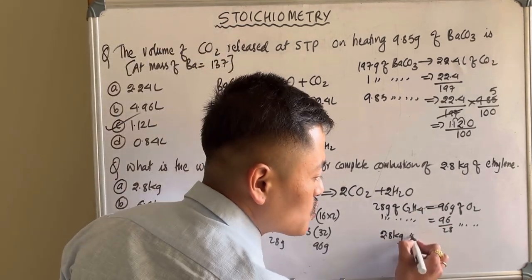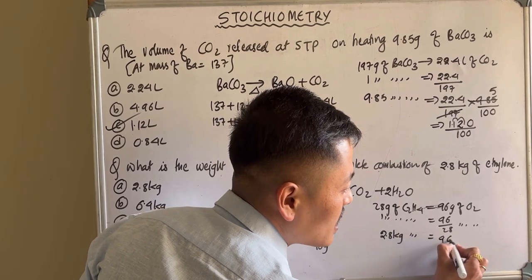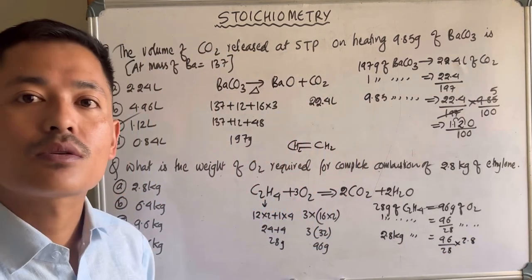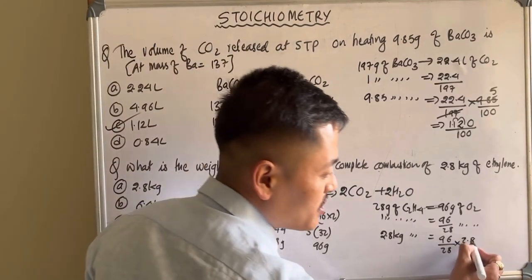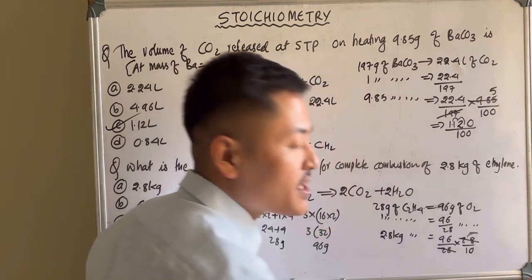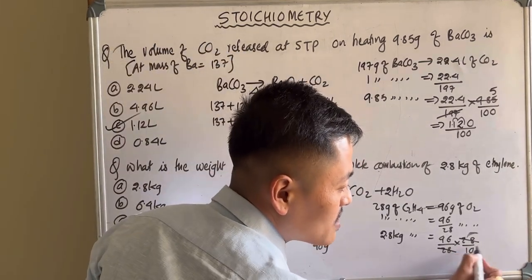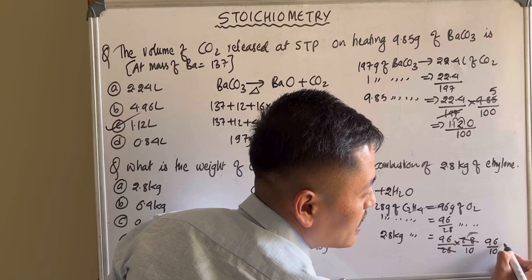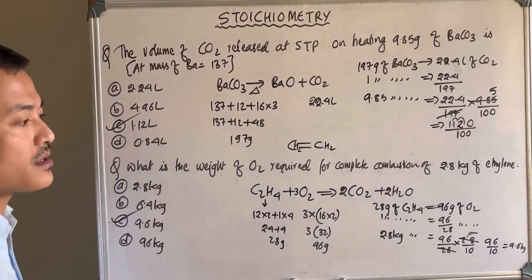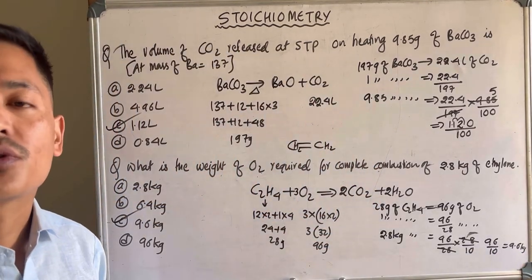That is why 2.8 kg of ethylene requires 96 divided by 28 into 2.8. So this is how you must be doing it. Just remove the decimals, so divided by 10, it will be 28 by 10. This simply gets cancelled, that is 96 by 10, and that is 9.6 kg. That is why your answer is option number C. So this is how you must be doing it.